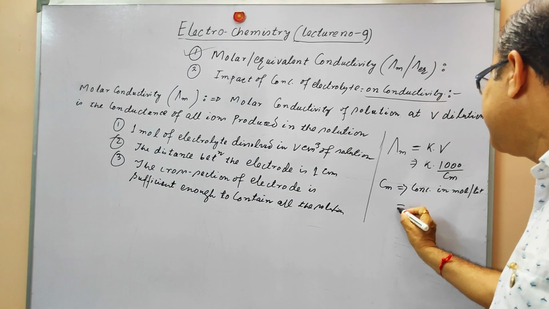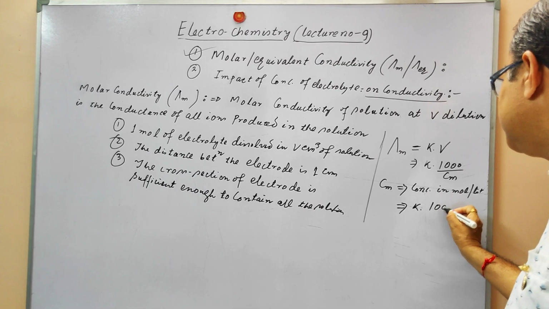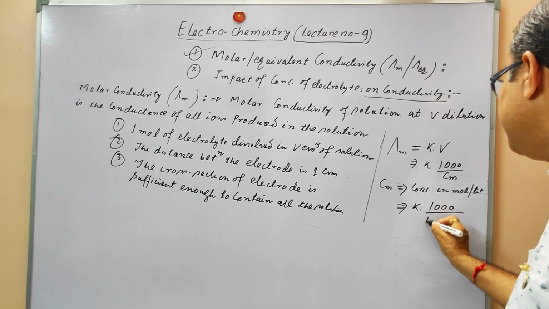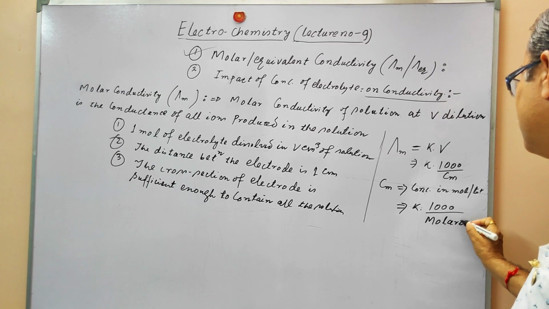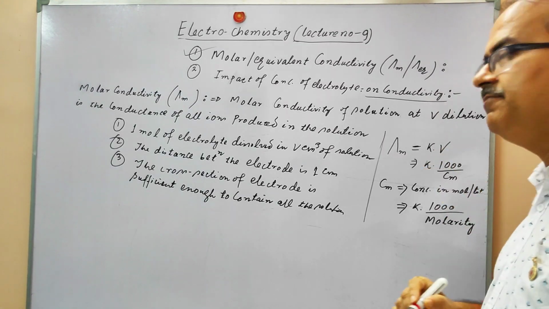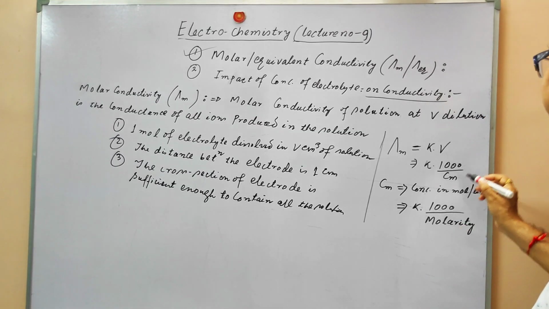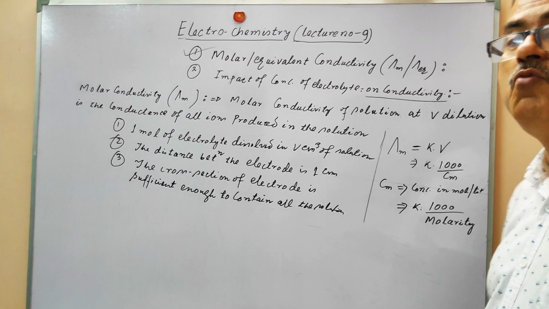So we can further write K into 1000 divided by molarity. So molar conductivity can be related with the conductivity by lambda m equals K into 1000 by molarity.